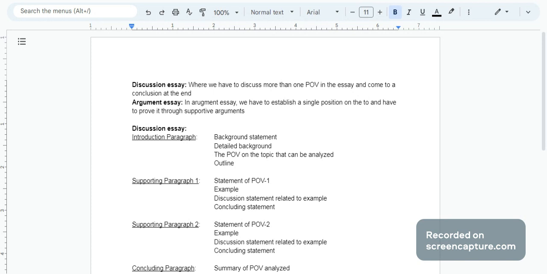So I am going to give you a brief introduction about the essay, the background, and a little bit of briefing on what type of essay and the length of the essay I am going to write.